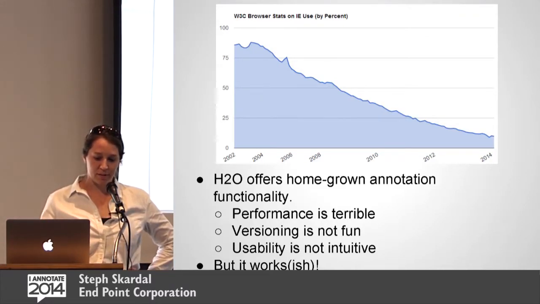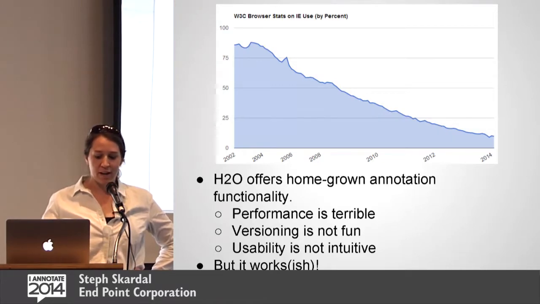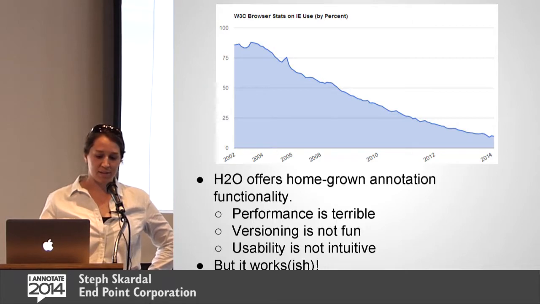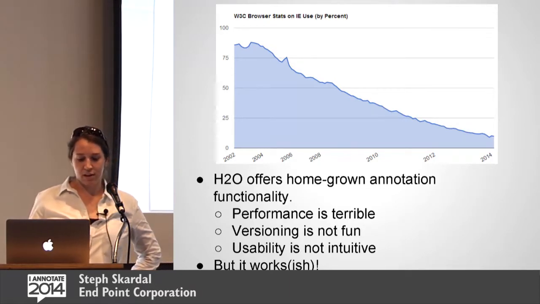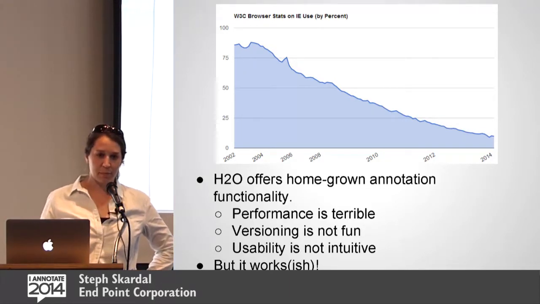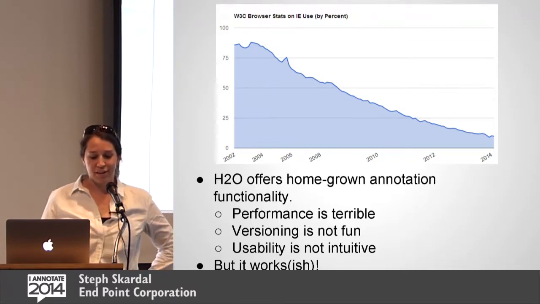As anyone who's into coding can imagine, the performance is pretty terrible, especially in Internet Explorer, and Firefox isn't so great when you get to text that has more than 20,000 words, which in legal casebooks is a lot of text. Managing versioning of the content is not fun.